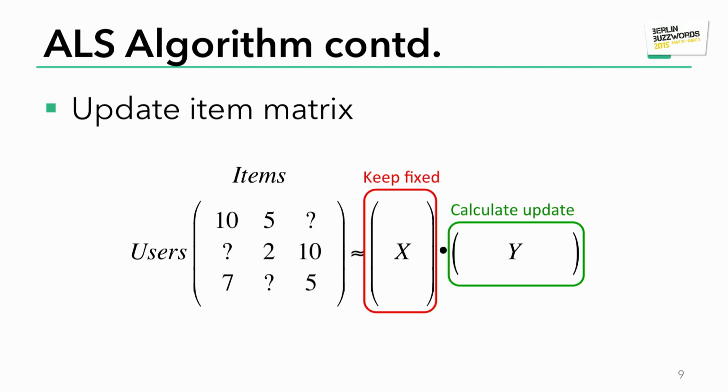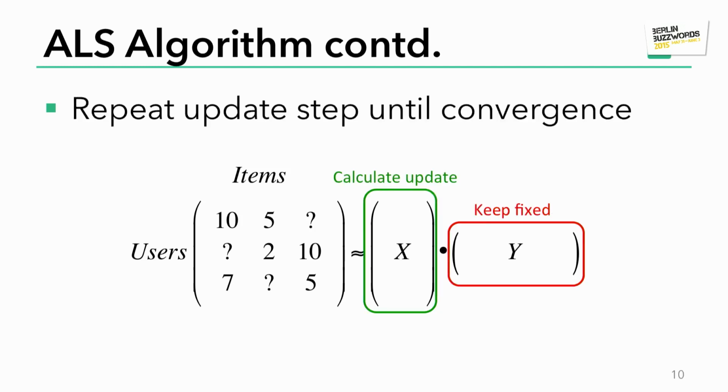Executing these 2 steps repeatedly improves your item and user matrices X and Y incrementally. And if you do that until you converge, you have solved your optimization problem. And that's how you can factorize matrices.